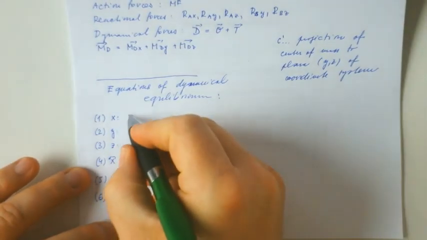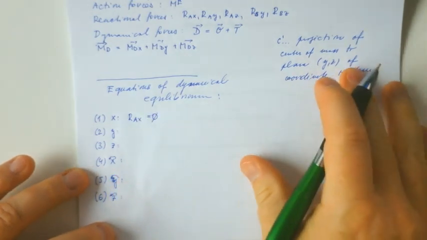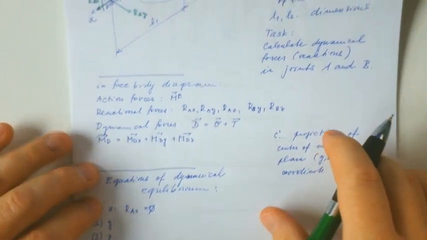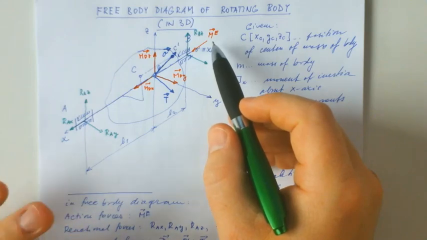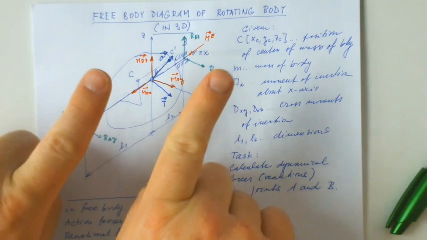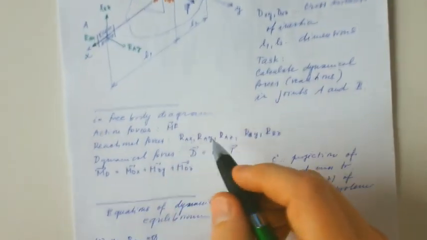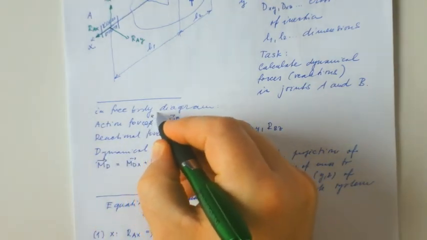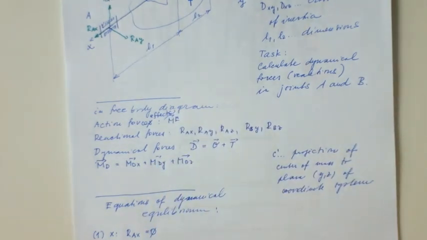So I am writing RAX is equal to 0. And to not confuse you, as I told, moment is not a force, it's a force effect. If we have two forces, they can make a moment. But moment is not force.